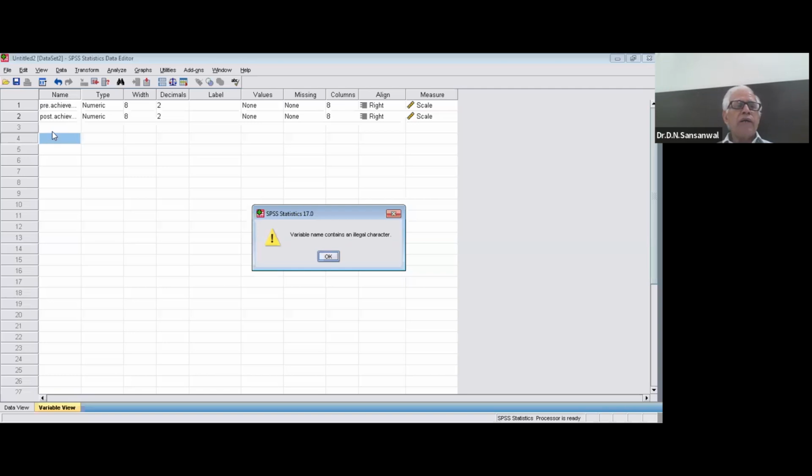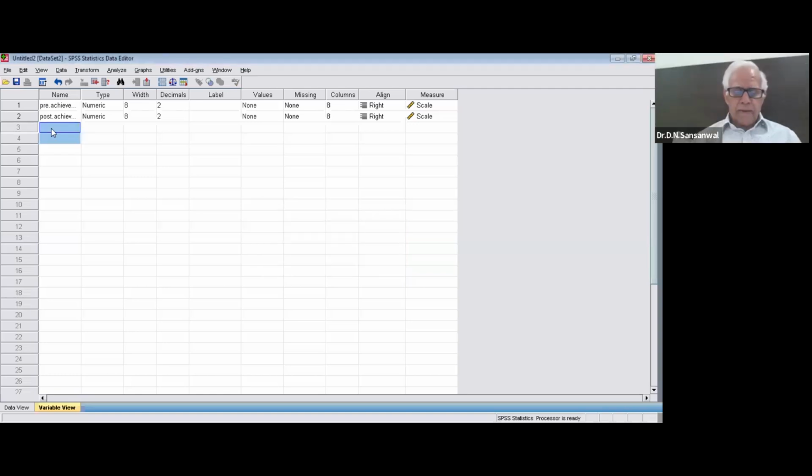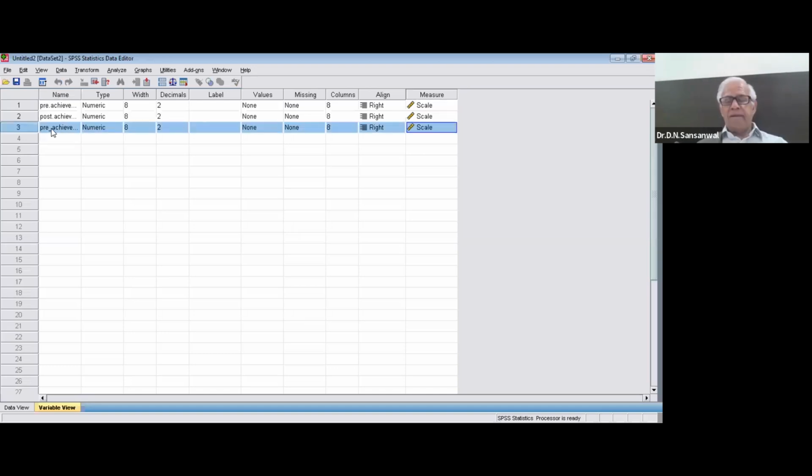You can say like this: you type pre, and then underscore, and then achievement, and you press enter. This is perfectly correct. It has not given the error. So there is nothing illegal here. So this is how you have to write. So I have written the names of my variables here.